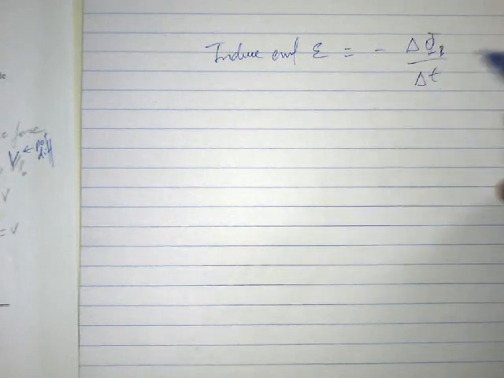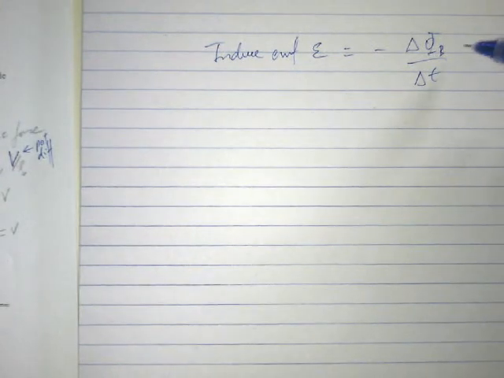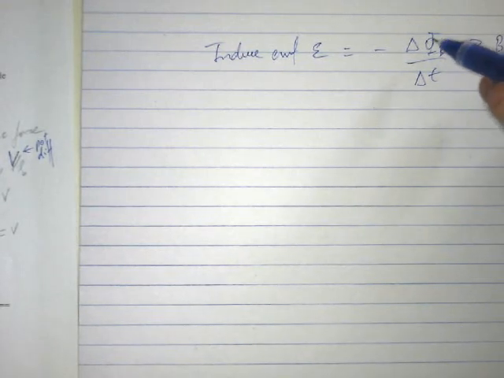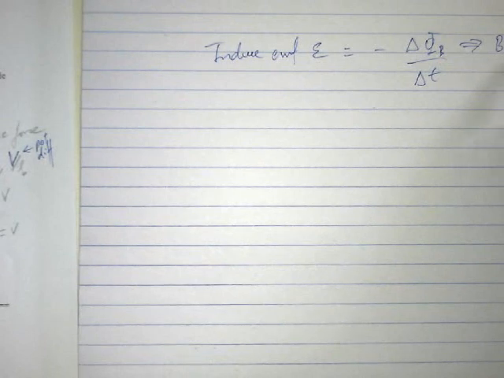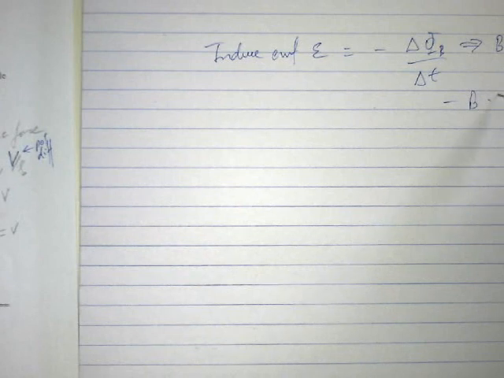And the magnetic flux phi B is the magnetic field strength times the area. So this starts to look like minus B, and I still have to do the change in area over change in time.